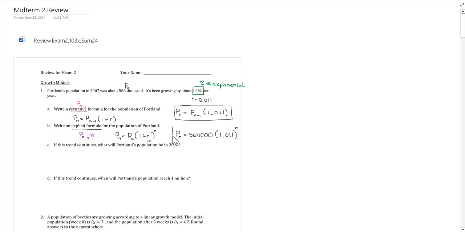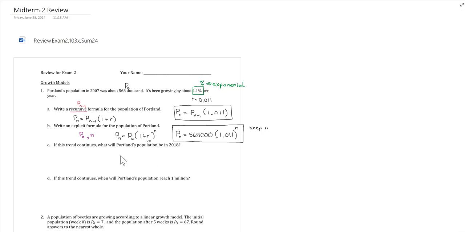Now, sometimes I see students want to replace that n, which we can do if I tell you about or ask you what is the population at any point in time. But when I ask you for a formula, that means that I want to see or keep my n unknown so that it's a formula I can plug into later.